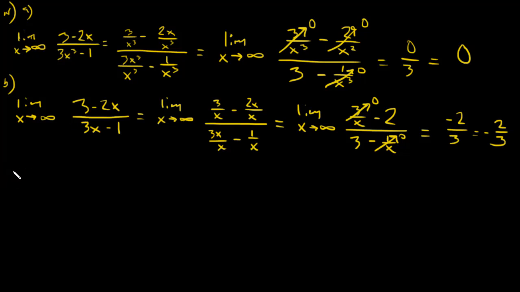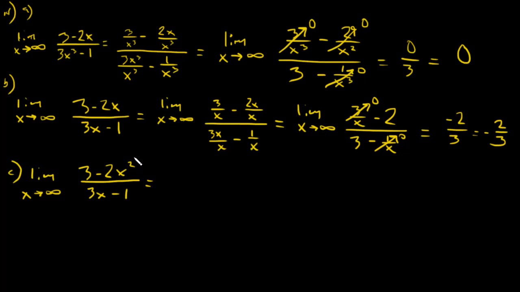Alrighty. Last but not least, part C, we have, hold on, I gotta do my limit, as x goes to infinity of 3 minus 2x squared over 3x minus 1. Alright, you want to put any bets down on what this one's going to go to?